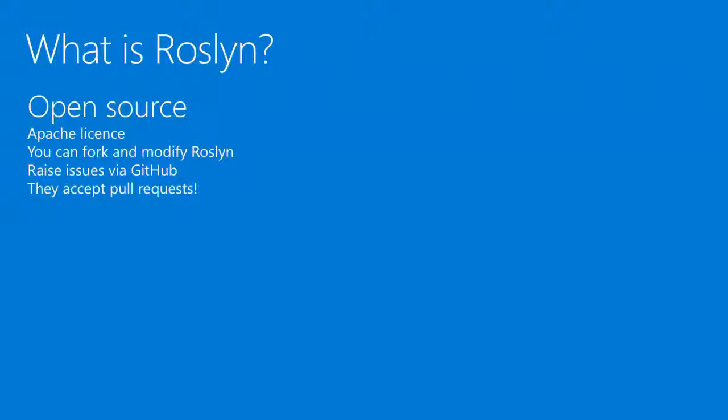So you can go to github.com/Roslyn, pitch in, have your say, participate, and you can even, if you want to fix a bug, then you can do it and send a pull request. The team are accepting pull requests, though probably not for your crazy language feature just yet. You might need to negotiate for that one.